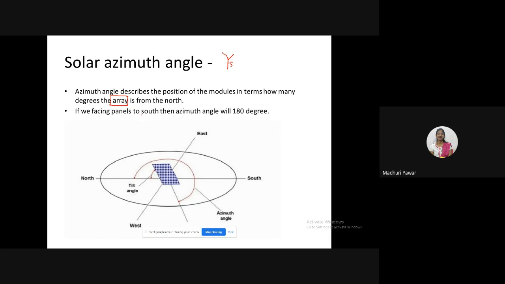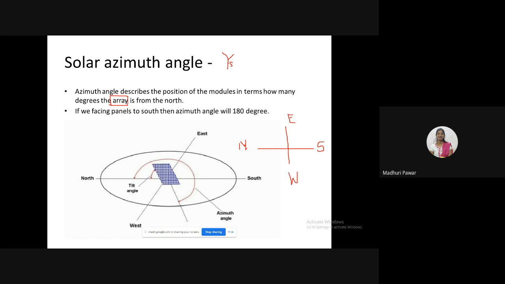Suppose these are the directions here: north, south, east, and west.